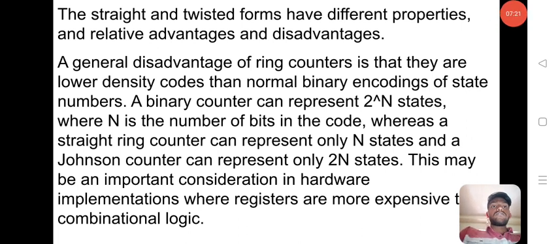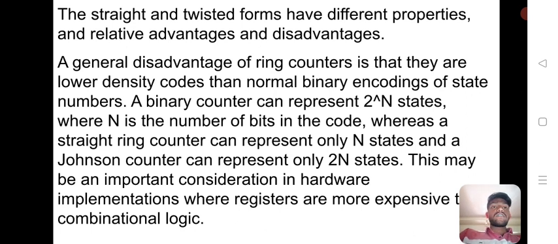The straight and the twisted form have different properties and relative advantages and disadvantages. A general disadvantage of ring counters is that they are lower density codes than normal binary encoding of state numbers.